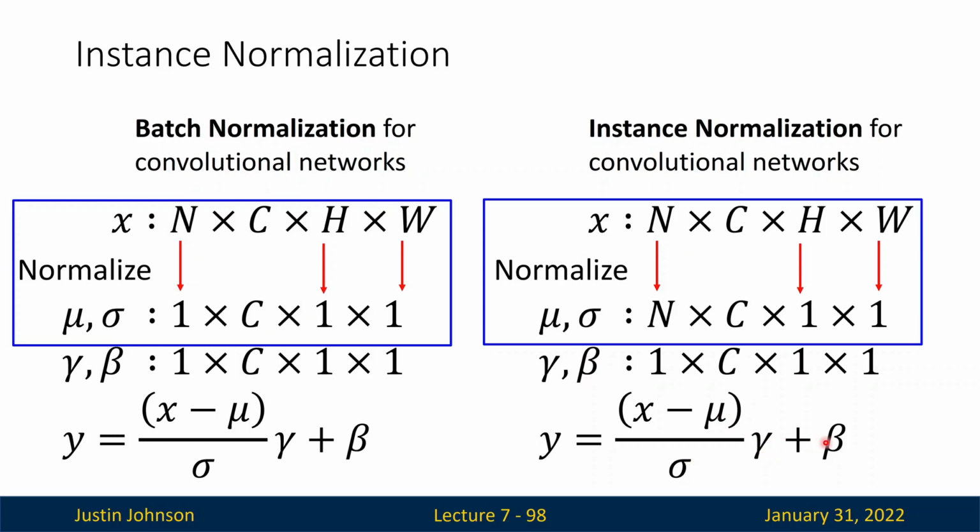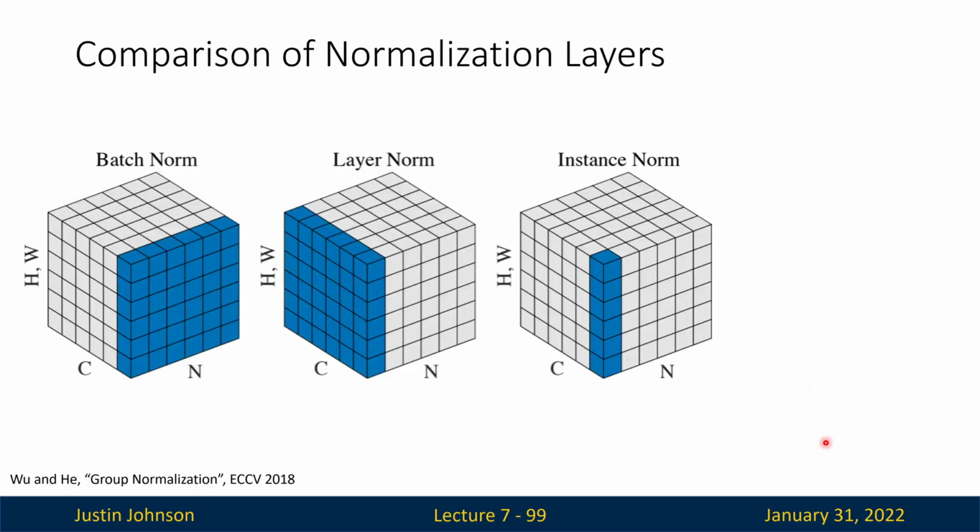If we draw them as a chart, it will look like this. In the batch, there are 4 dimensions: the number of instances, the number of channels, and also the resolution. The resolution is actually 2-dimensional, the height and the width, but we can treat it as just a 1-dimensional factor.